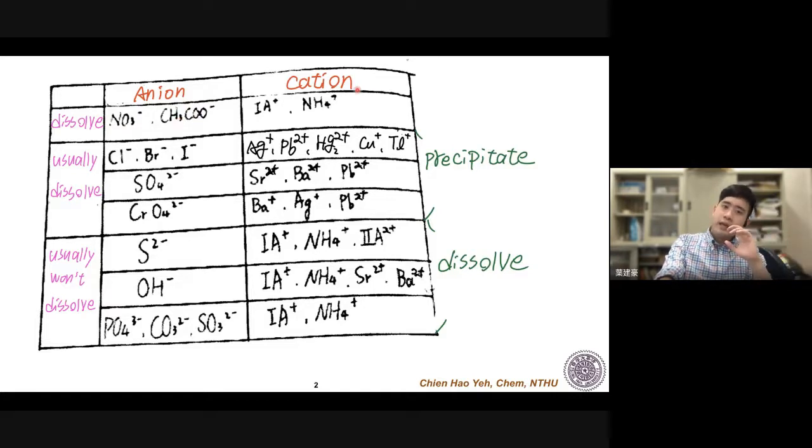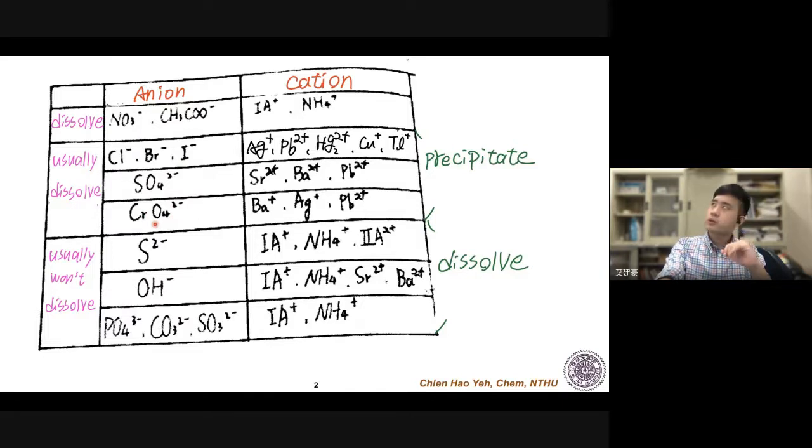And any anion meeting a cation from the first family, like sodium, potassium, cesium, rubidium, or the ammonium ion in a liquid solution, will always dissolve. The part of usually dissolve is over here: chlorine, bromine, iodine, sulfate ion, and chromate ion.